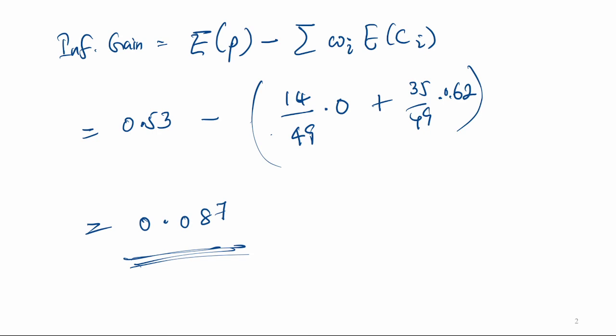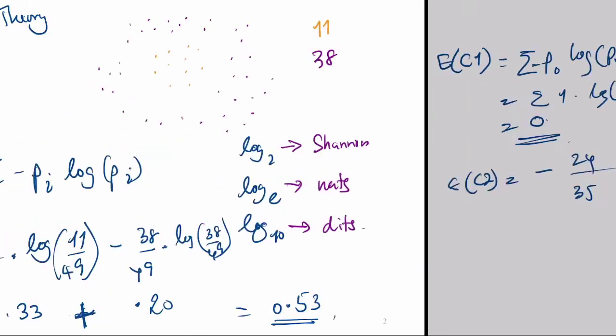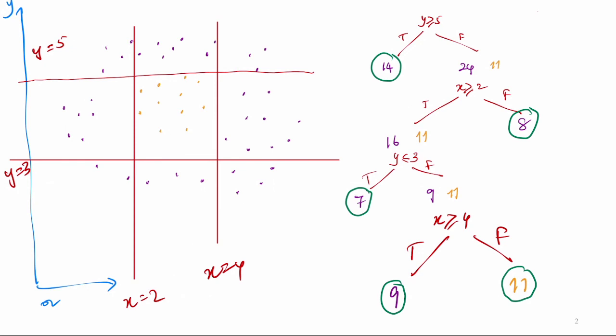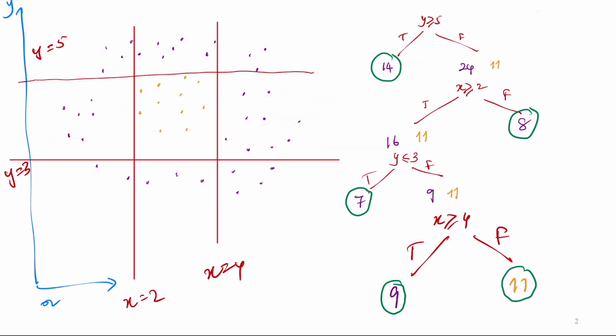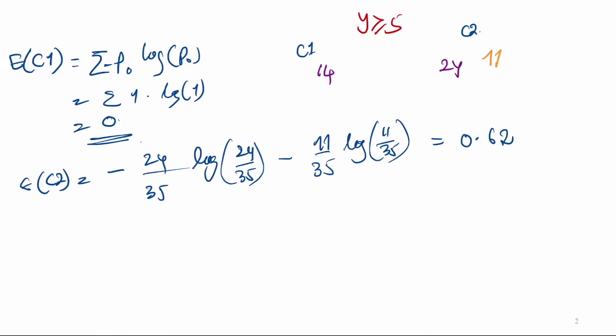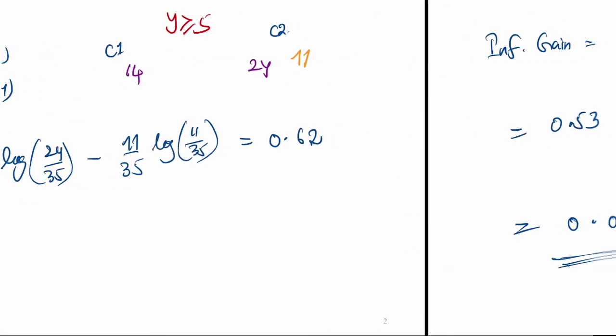This is how we go on to select where to draw the line. The machine learning algorithms would test many lines. They would be like, okay, should we draw the line here? Should we draw the line here? They'll draw many lines and try to select the one with the best information gain. So that is a decision tree for you.